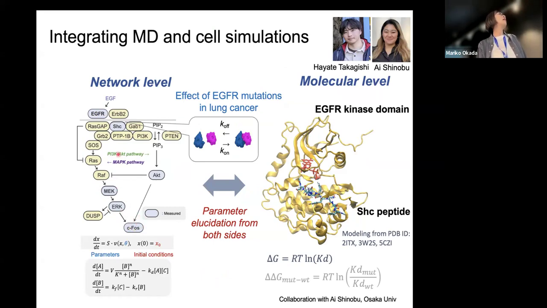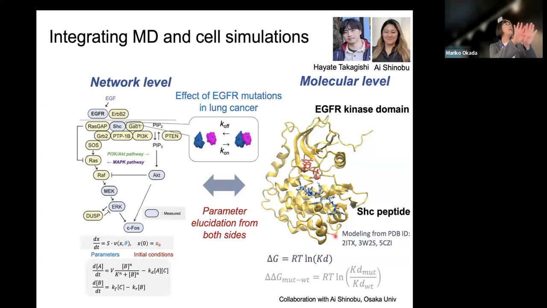So we can estimate this, K on and K off, by parameter fitting, even though we need a lot of data to make an accurate parameter from the data, but technically it is possible. And for the MD simulation, we get those structures from the PDB database, and we can calculate the association by the free energy changes, comparing the wild type and the mutation.